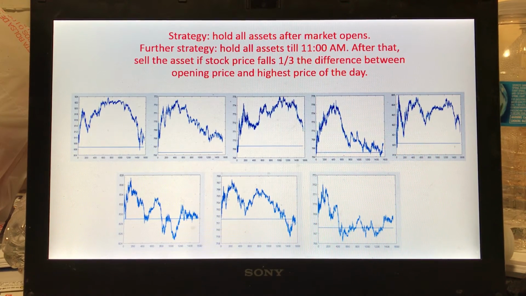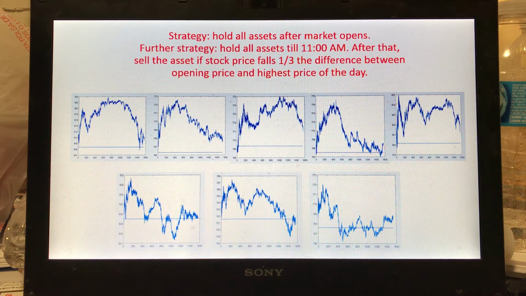So after you hold your asset when the market opens, if you didn't see the stock price drop below the previous day's share price, you keep it, and you wait for it to go to its highest point.